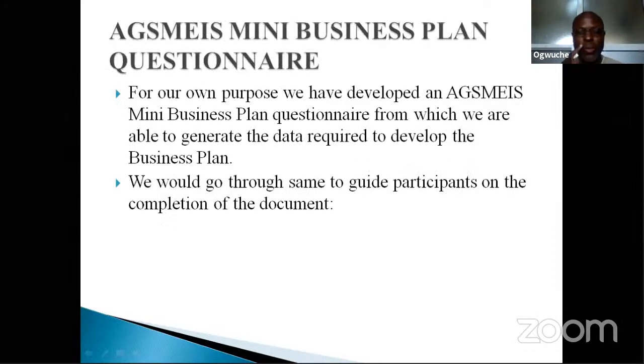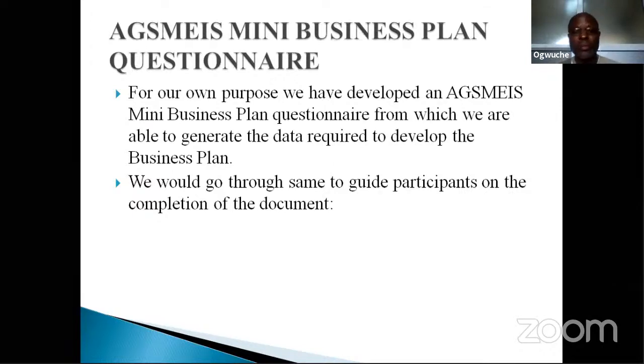Okay, so we'll start by looking at the first questionnaire, which will have the first form. For our purpose, we have developed an Agnes mini business plan questionnaire from which we are able to generate the data to develop the business plan for you.